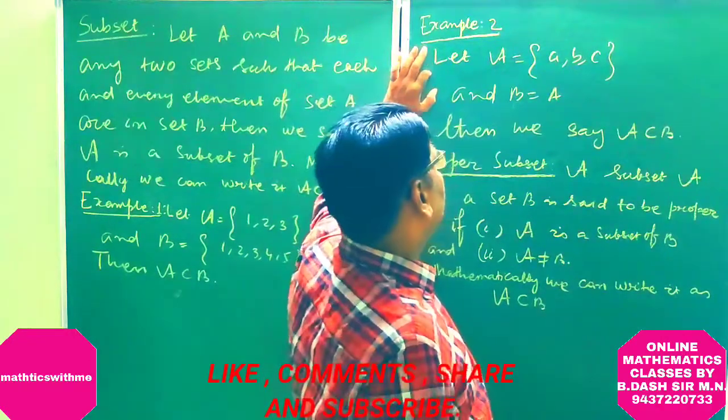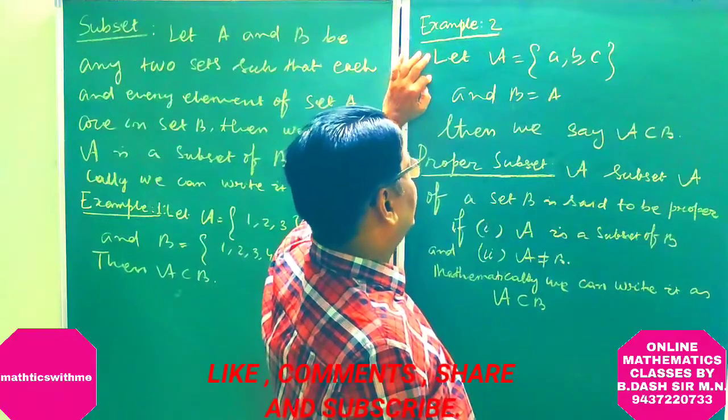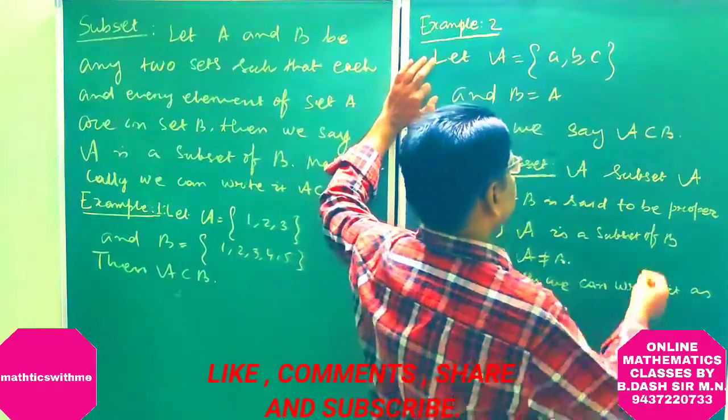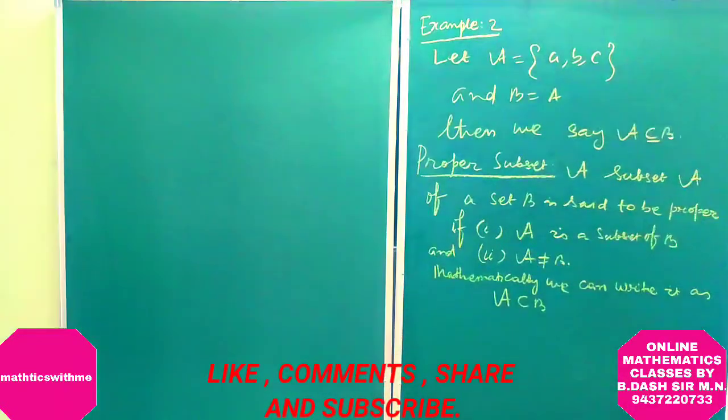This is an improper subset because here B is equal to A. And here we can write A is a subset of B in this way.